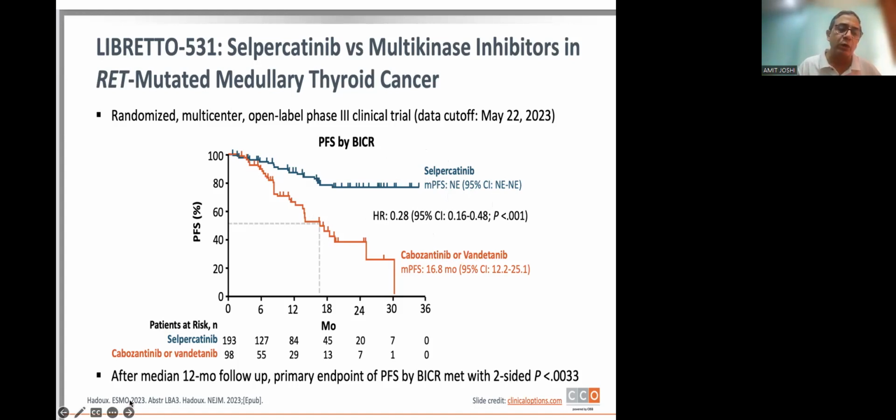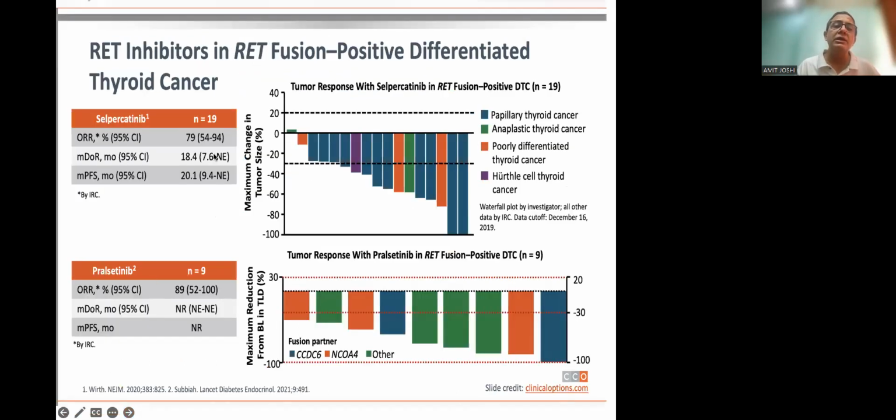So there is no doubt from this trial data that a RET mutation positive patient who can afford it, with progressive disease, should be offered selpercatinib over cabozantinib or vandetanib. Similarly, in differentiated thyroid cancer where the fusion is positive, the control of the disease was better in patients in second line when they received selpercatinib. The initial graph was medullary thyroid, and this graph shows the benefit of this drug.